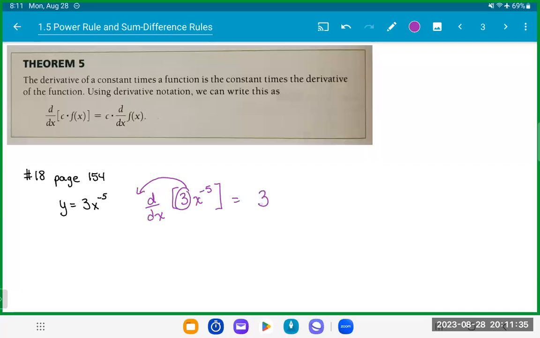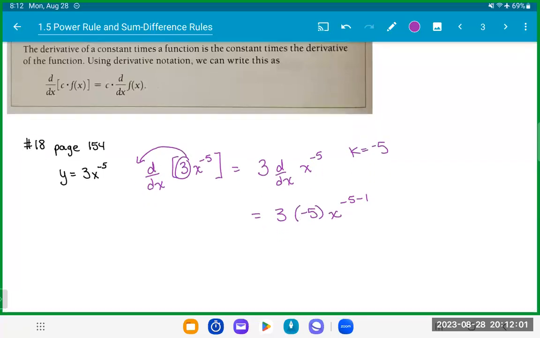So that's the same as saying 3 and then taking the derivative of the remaining, right? And so that would give me 3 times this negative 5, because k equals negative 5, and then x to the negative 5 minus 1. So negative 5 times 3 gives me negative 15. X raised to the negative 5 minus 1 is negative 6. Okay, questions?